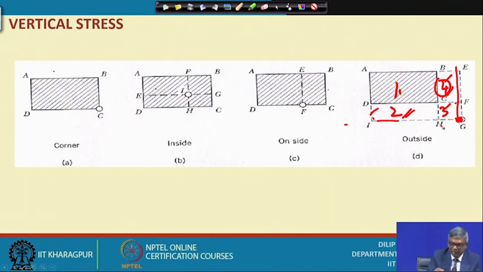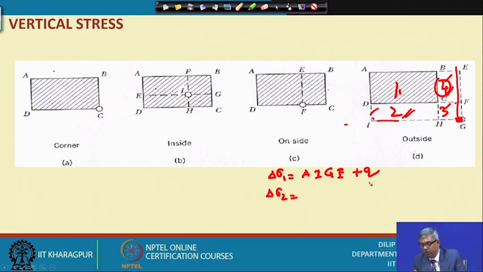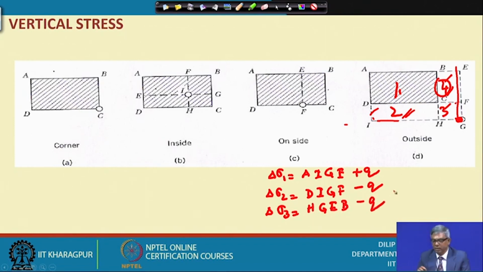So, that means I can find delta sigma 1 for area AIGE with loading Q. I can find delta sigma 2 for DIGF, this rectangle, with minus Q. I can find delta sigma 3 for HGEB with minus Q, and you can see I have calculated the entire area with Q, and this area I have done twice.